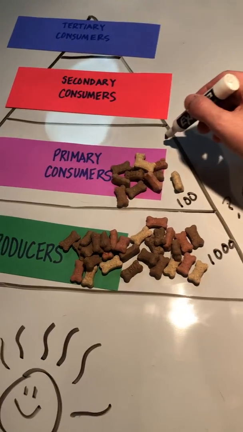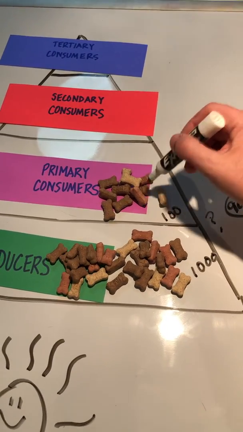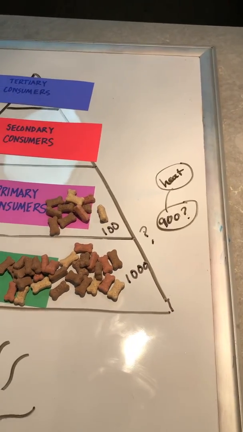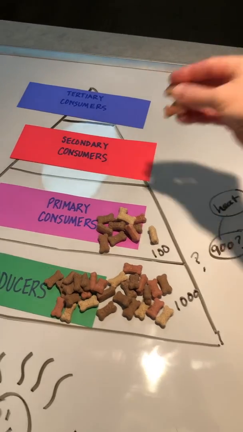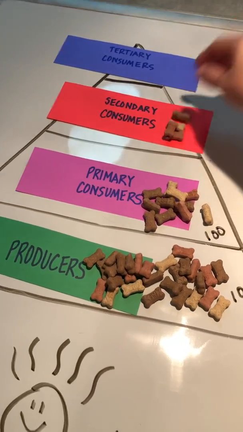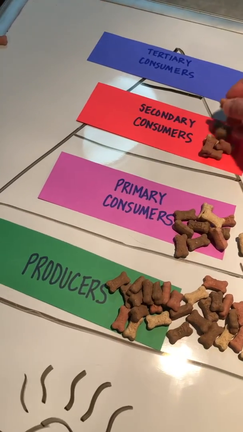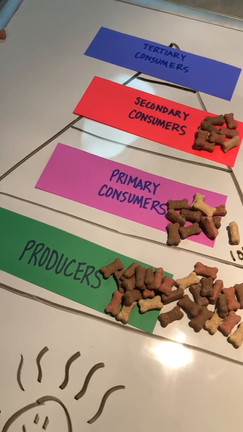Then if we go from the primary consumer to the secondary consumer, how many of the 100 would be transferred to the secondary consumer? We're only going to have 10. So I can count 10. 4, 5, 6, 7, 8, 9, 10.